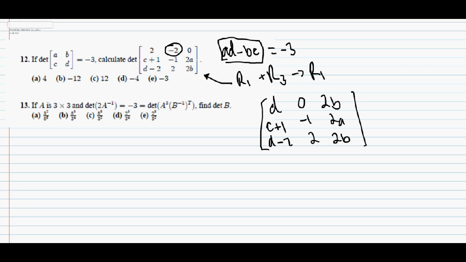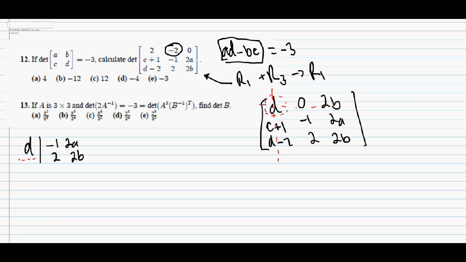As you already know how to get the determinant using cofactor expansion, I'm not going to go over all of that, but basically using cofactor expansion, that's just d times the determinant of -1, 2a, 2, 2b. Let me change colors here. I cross out this row, cross out this column, take this number and put that right there.